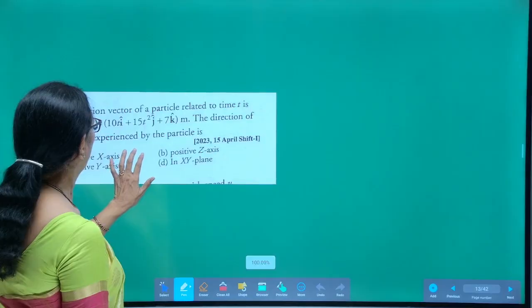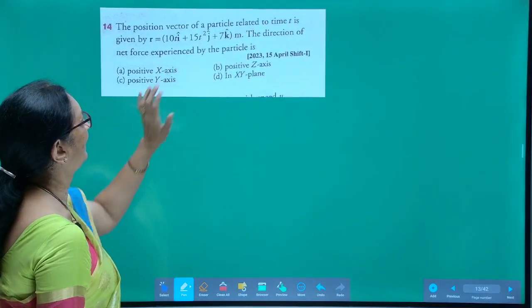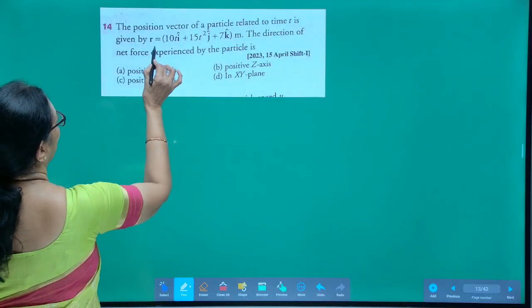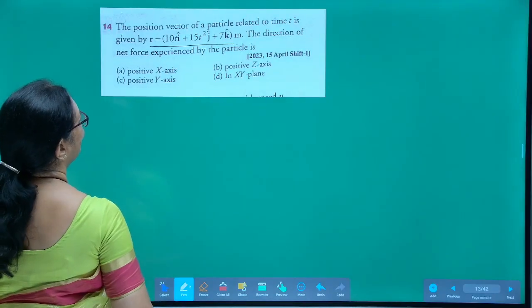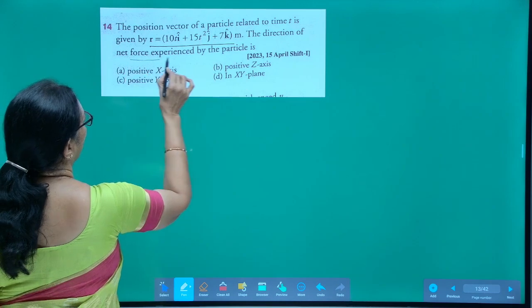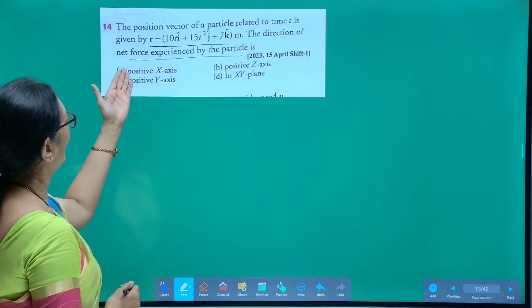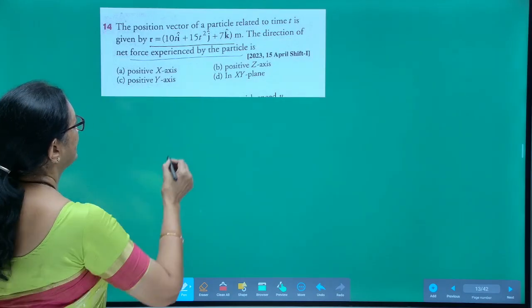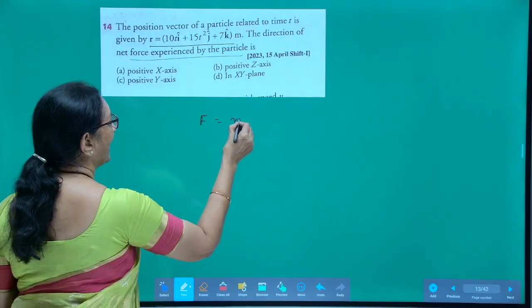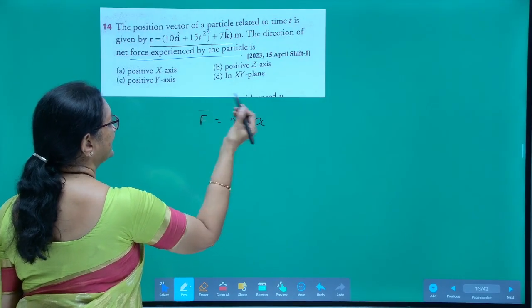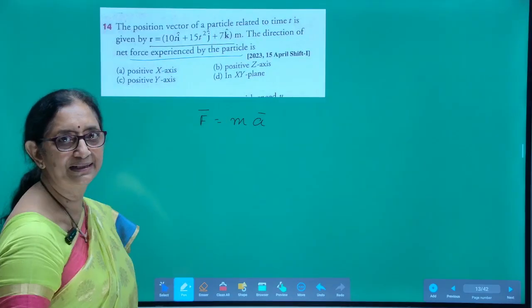Look here. Position vector of a particle related to time is given by this expression. Direction of force experienced by the particle. F is equal to m a. F is a vector because acceleration is a vector.